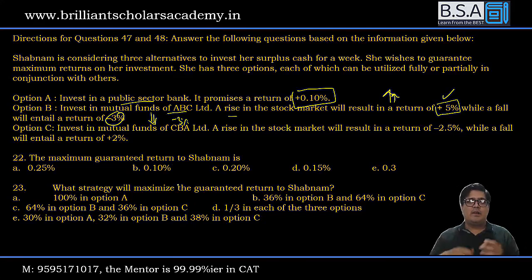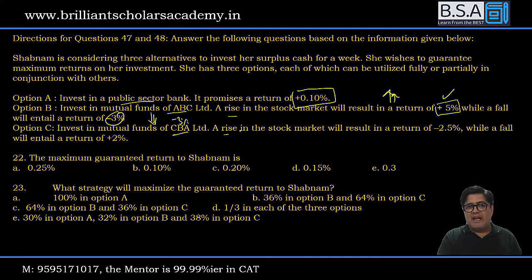मान लो Shabnam has put all her money in option B, all the money is in option B, और market गिर गया, तो will she get maximum guaranteed return? No, पैसा 3% डूब जाएगा. तो पूरा का पूरा पैसा B में डालने से what is better? पैसा A में डाल दो, गारंटी तो है, रिटर्न तो है. In option C, she invests into a different company CBA.